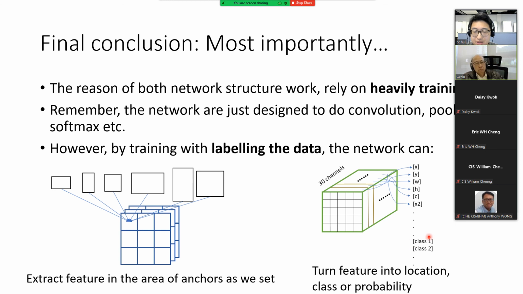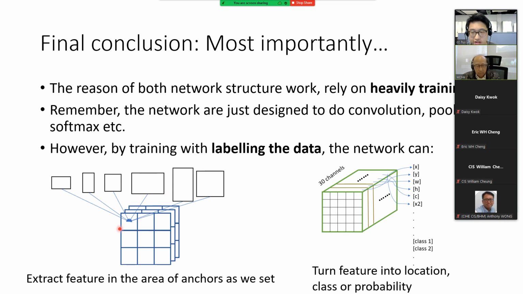So please remember, we only design the convolution or pooling or softmax, but with the training, the data samples, and the labeling, we can actually make it have various uses. So the two final examples I want to mention: the first one is from Faster R-CNN, extracting the feature of the area of these multiple anchors into one pixel.